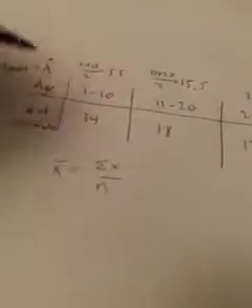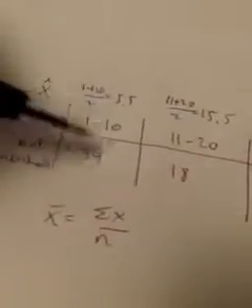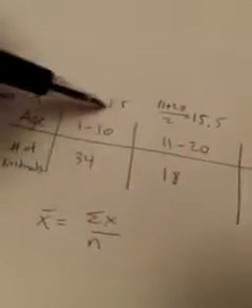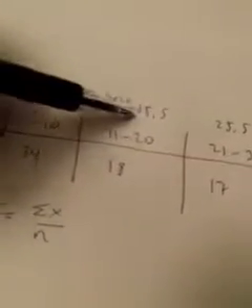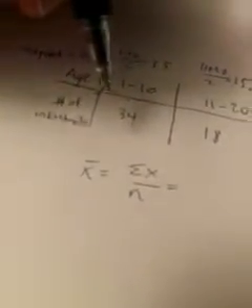Right, so now here's our data. We're going to pretend that we have 34 data points of the data value 5.5, and similarly 18 of 15.5 and so forth. So we're going to slightly modify this formula and say that the mean is the sum of our data points times our frequency over the sum of all of our frequencies.